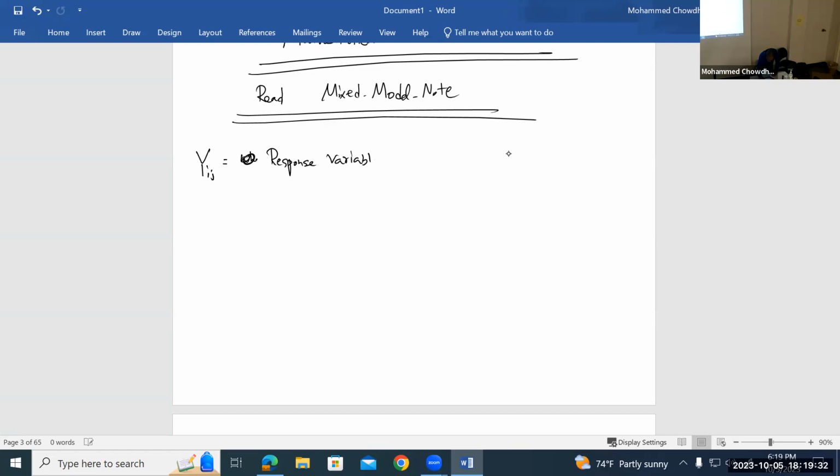The ith individual measured at time t_ij, where i takes values 1 up to n and j takes values 1 up to n_j.